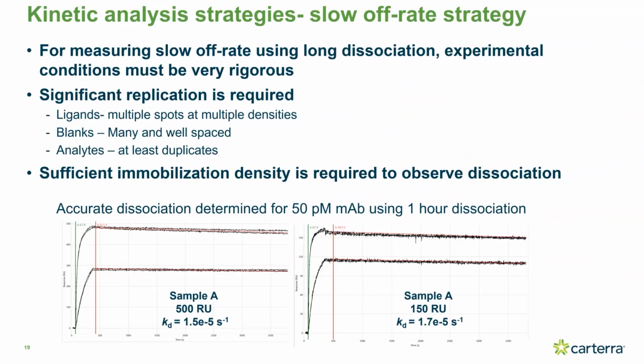So in this case, we did a dissociation for an hour. You can see we did duplicates of 2 concentrations with 2 blanks in between each injection, and we were able to accurately determine the off rate was between 1.5 and 1.7 × 10⁻⁵ for this clone.